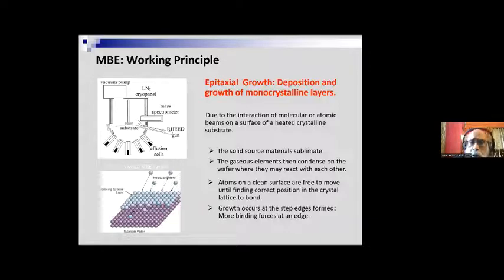This is a very big chamber, and inside it is an extremely ultra high vacuum, 10 to the power minus 12 millibar pressure, and there are a number of effusion cells or Knudsen cells where we are keeping different elements. By heating we are evaporating the materials, and in a molecular form they flow and deposit on the substrate, and we are controlling the different elements one after another simply by a computer controlled setup.